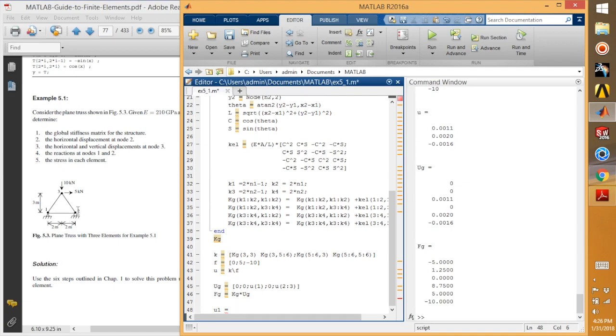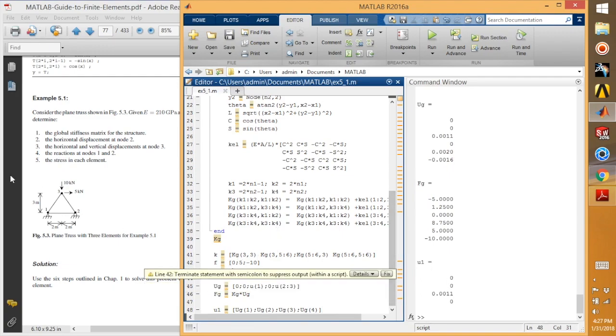So UG of 1, UG of 2, UG of 3, UG of 4. So this is the displacement for element 1 connected between node 1 and 2.